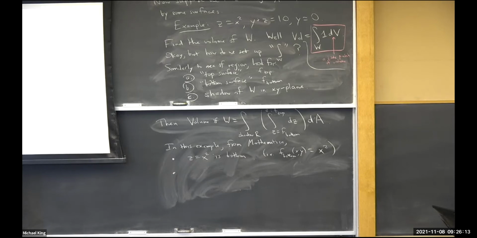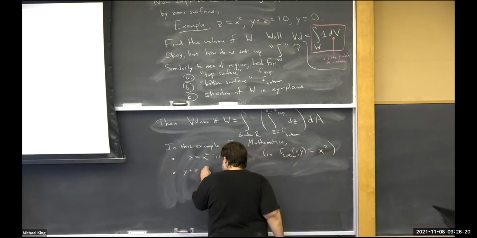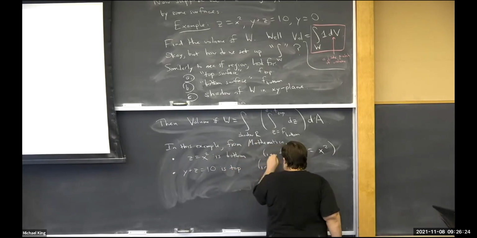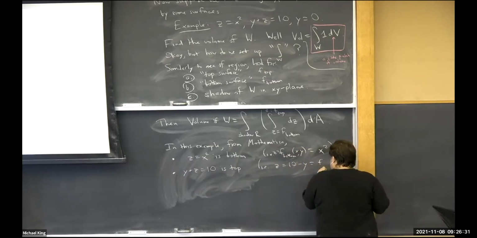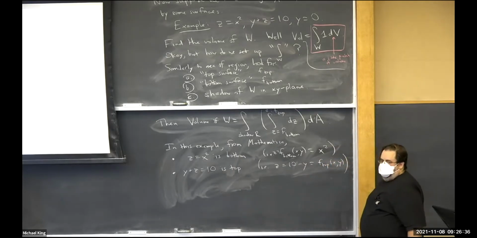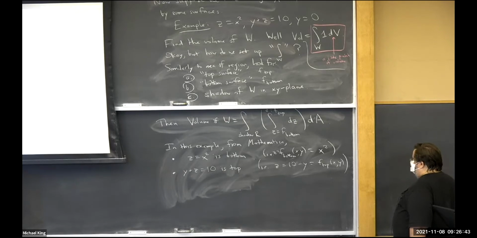It's this tilted plane that seems to be the top, y plus z equals 10. But really what that means is we want to solve for z: z equals 10 minus y is the top. Fair? So it's really the function z equals 10 minus y which is the top.